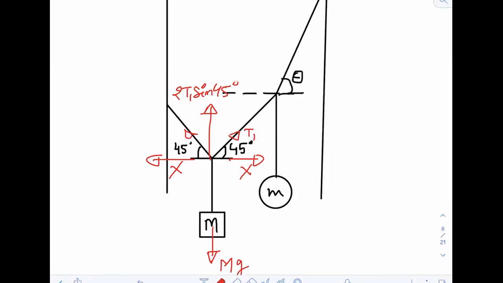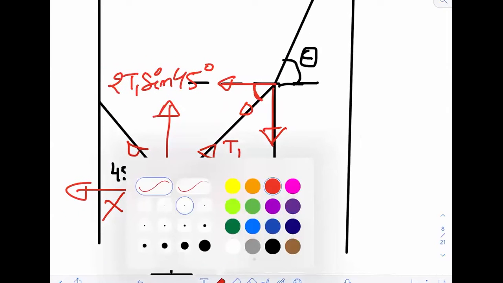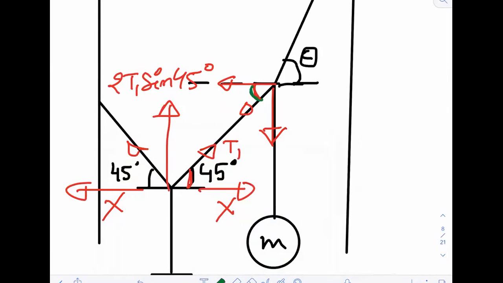Now, here also you have one tension like this, right? Draw the tension like that. Here also you will have one tension, and one component of this tension will be downward. Just check here. If this angle is 45, what will be this angle, the one marked in green? Yes, 45, correct.